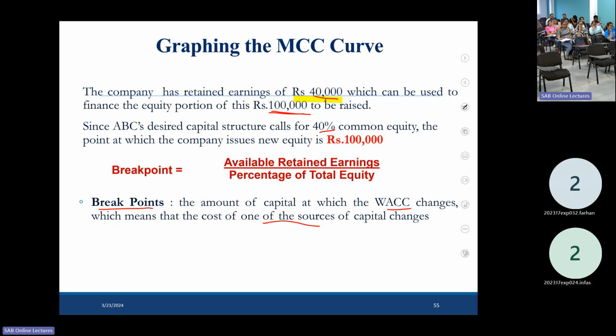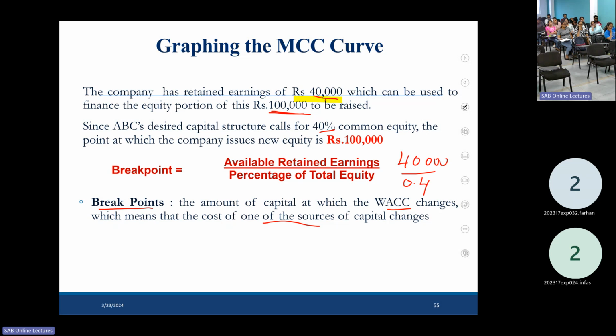Now, for your understanding, I am calculating the break point using retained earnings. The available retained earnings here are 40,000, divided by the weight on the equity capital in the capital structure, 0.4. Retained earnings is equity, no?